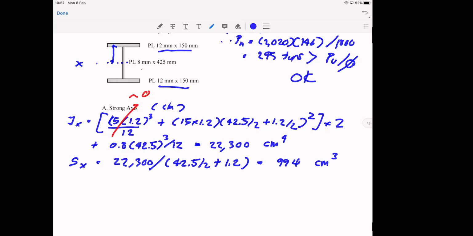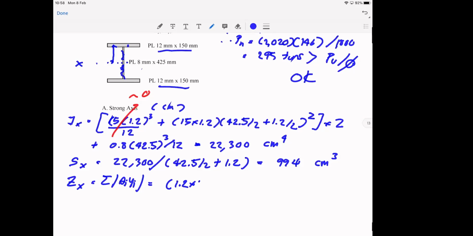Now let's do the Zx. Zx is equal to the summation of A y. You have two flanges and you can divide the web into two halves as well. So that is equal to one flange, 1.2 multiplied by 15.